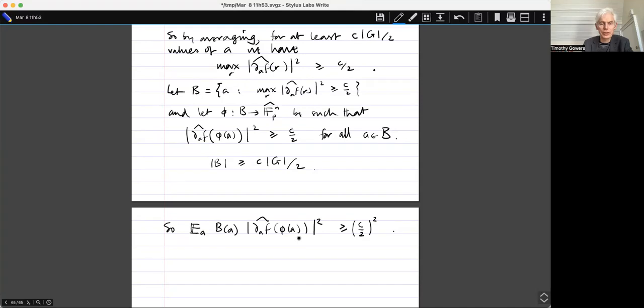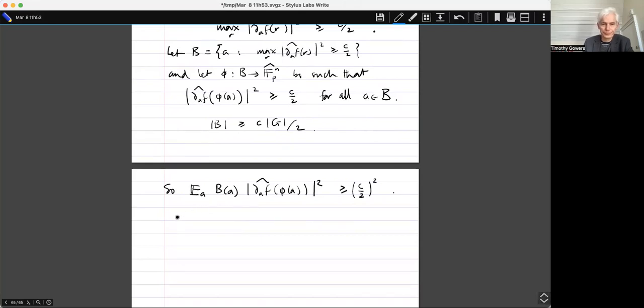If you like, I suppose we could set phi of A to be arbitrary if A does not belong to B, and then it doesn't really matter because I'll then be multiplying this thing by 0 anyway.